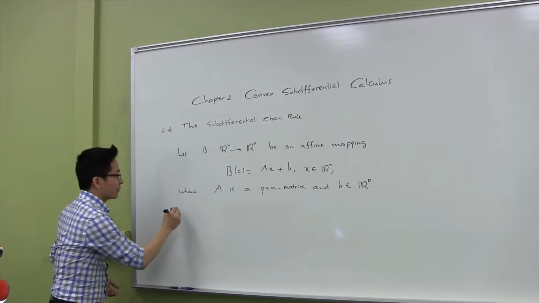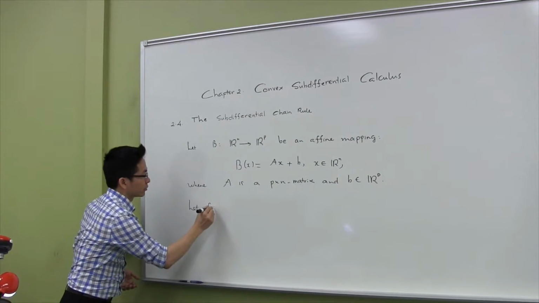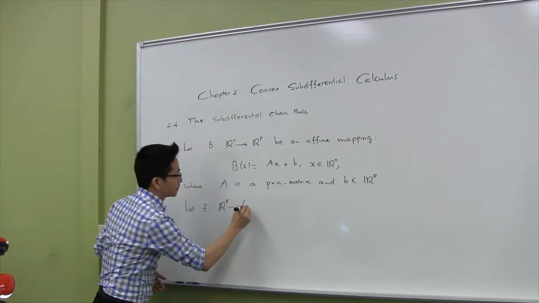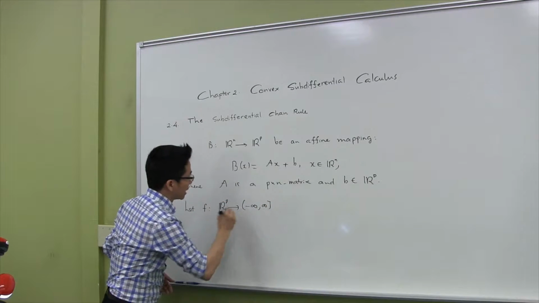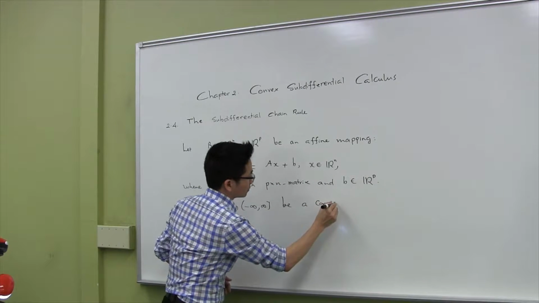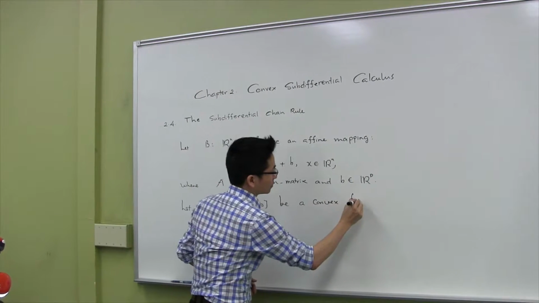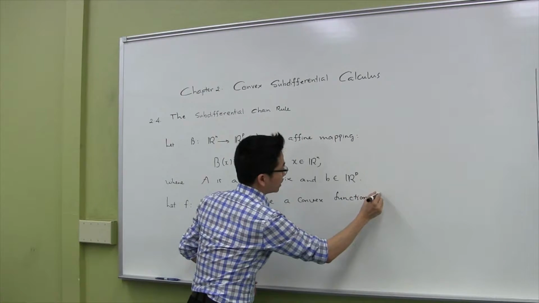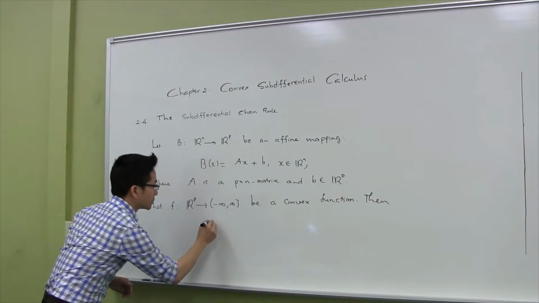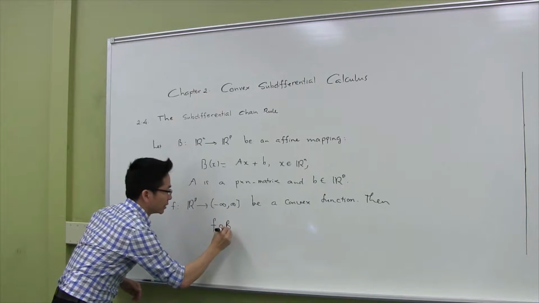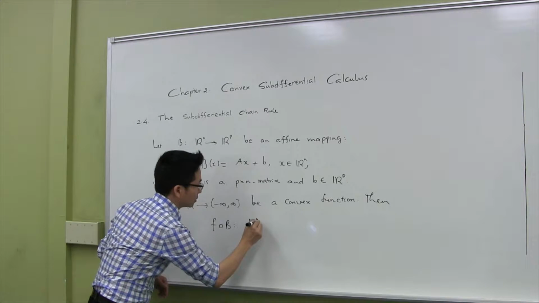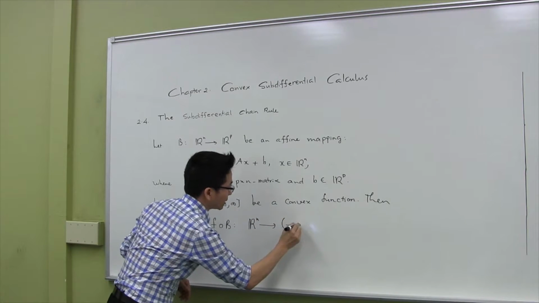Now let f from R^p to the extended real line be a convex function. Then the composition of f and B is a function from R^n to the extended real line.